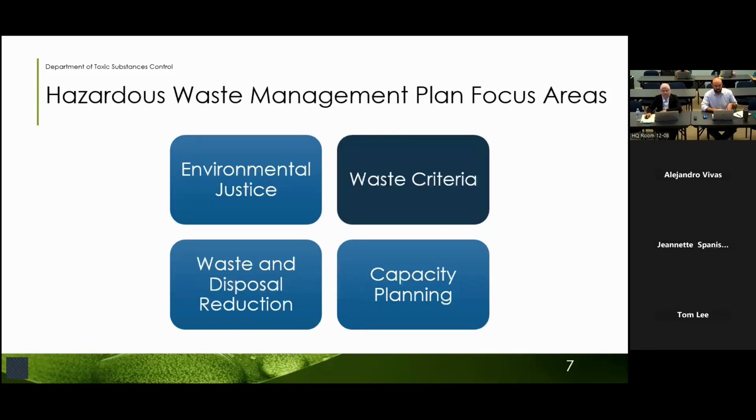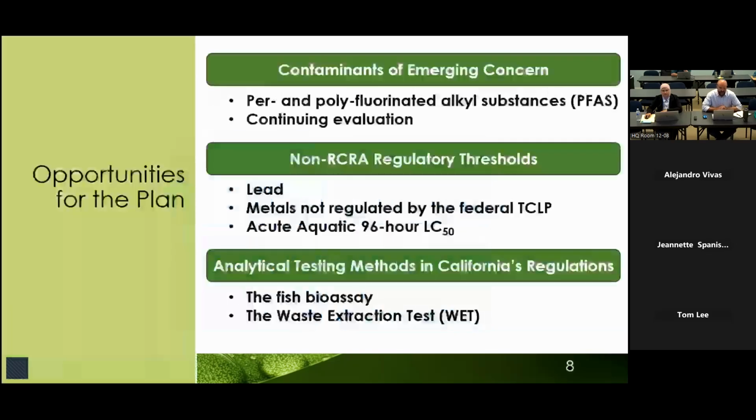If you go to the report and go to Appendix D, that appendix provides a table that compares California's hazardous waste criteria to the federal hazardous waste criteria and identifies where they're different. Today's presentation will provide information about the recommended updates for California's ignitability and reactivity criteria that came out of that assessment. Let's go to the next slide, please.